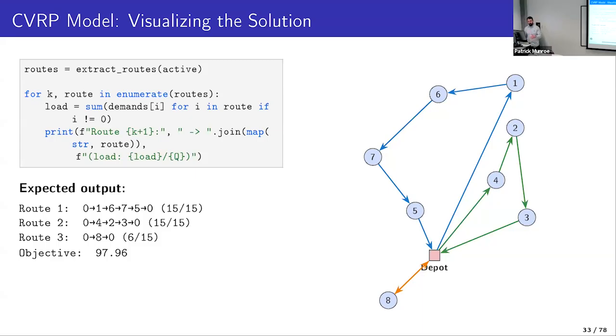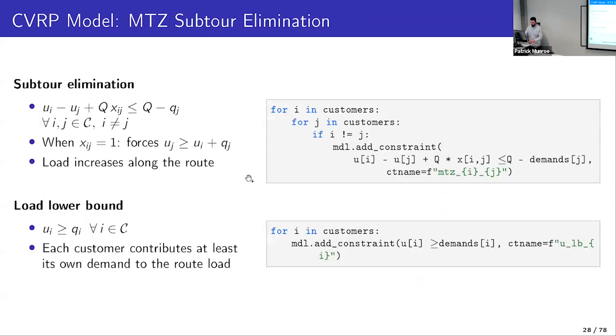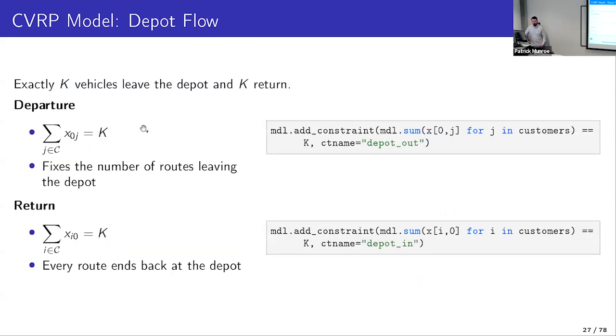I have like 5 roots. Okay, so there might be a problem with the way you implemented the depot flow constraint. The one about k, you should not have more than k roots. Or maybe it's the subtour elimination. I'm not sure exactly.